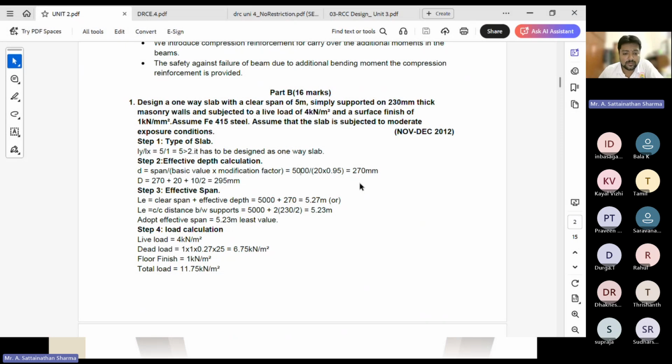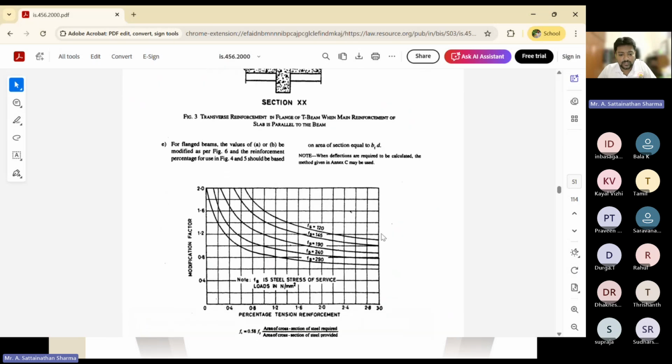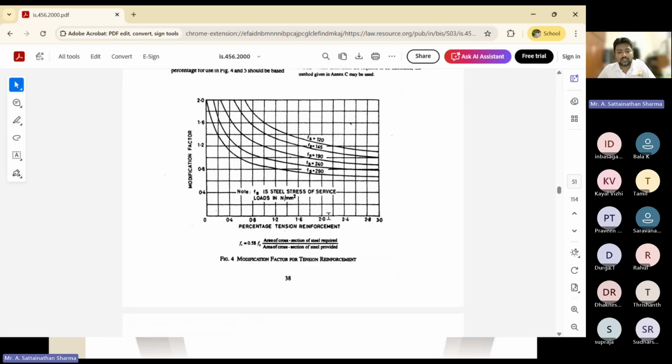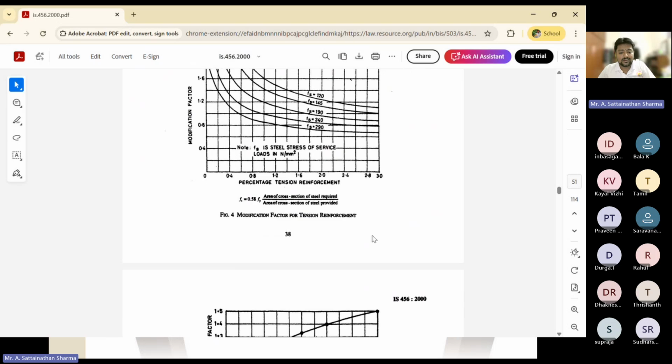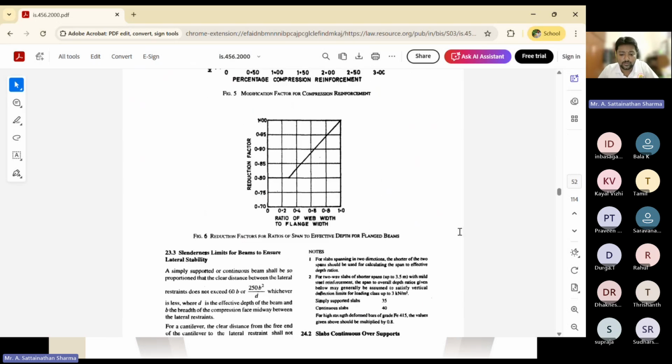Only one thing you have to add up here is a modification factor. Modification factor of 0.95. I'll give an example. Why is this modification factor taken? Only for the deflection control. For deflection control, you have to take a modification factor. For the initial stage, you can assume 0.9, 0.95 or 0.98.